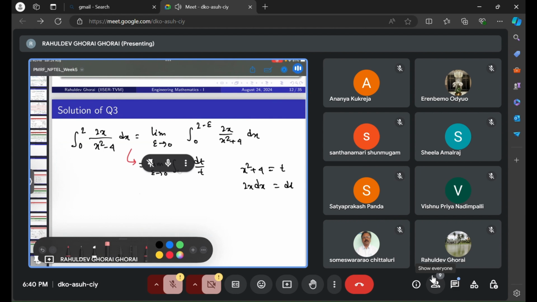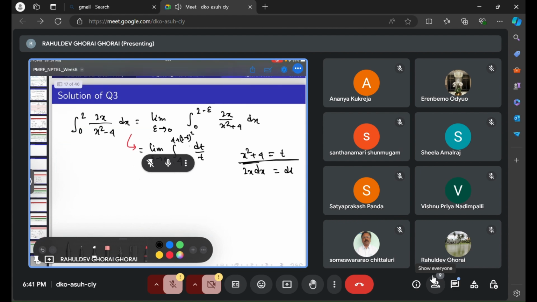So the limits will change now, right? You are changing the integration, x square plus 4 is equal to t, you made. Then when x equals 0, t will be 4, and when x equals 2 minus epsilon, t will be 4 plus 2 minus epsilon whole square, right? So that will be nothing but the limit as epsilon tends to 0.